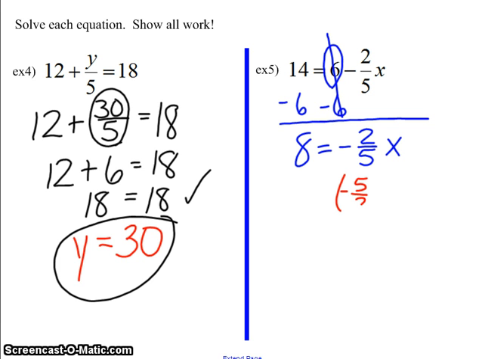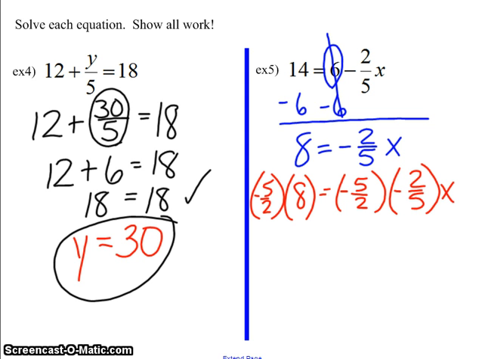So if I multiply both sides by the reciprocal, I'm also going to get the x alone, because through cross-canceling, if I look at my right-hand side, I have my 5's on the same diagonal. I have my 2's on the same diagonal. Everything cancels out. And x is indeed alone.